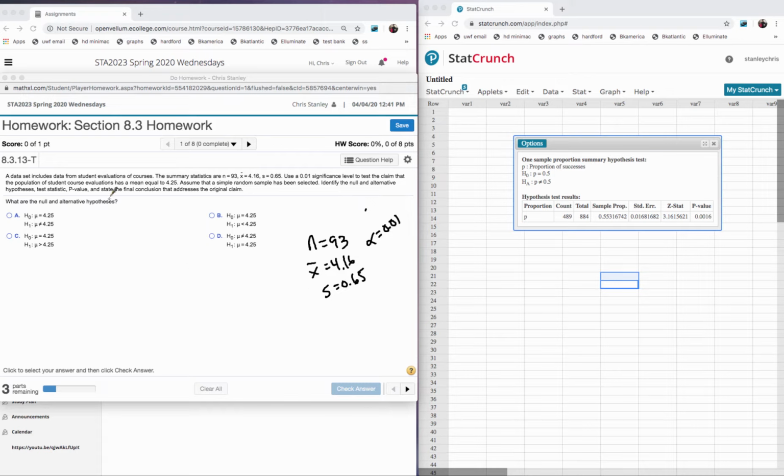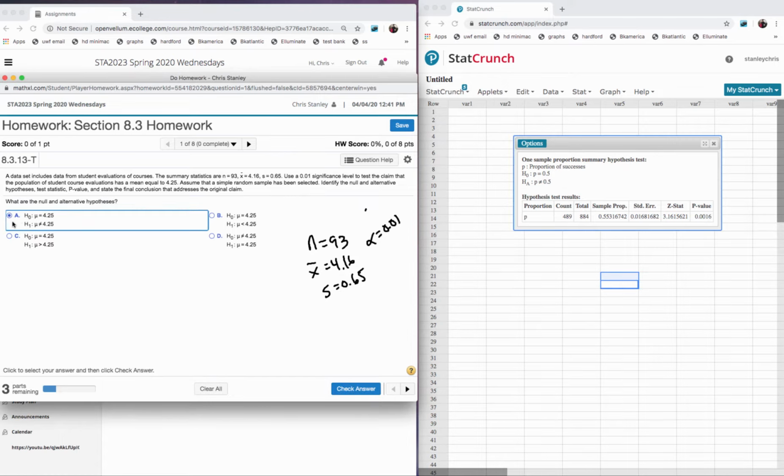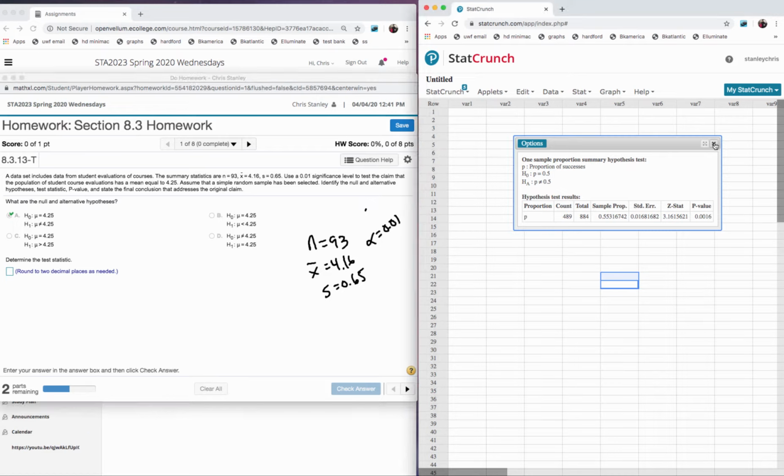Okay, so they have a claim that the mean is equal to 4.25. If that's their claim, then H0 should have that as an equal, which would be A, B, or C. Okay, and the alternative will be a not equal to because they don't have a greater or less than anywhere in the problem. Okay, so now to do this problem, we have to figure out what buttons to push.